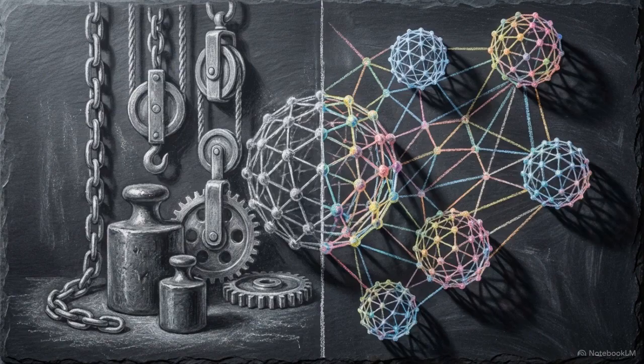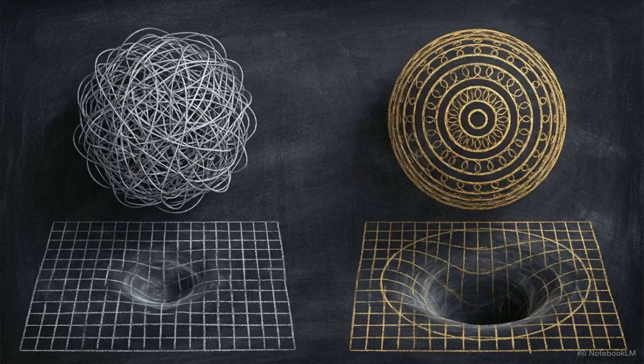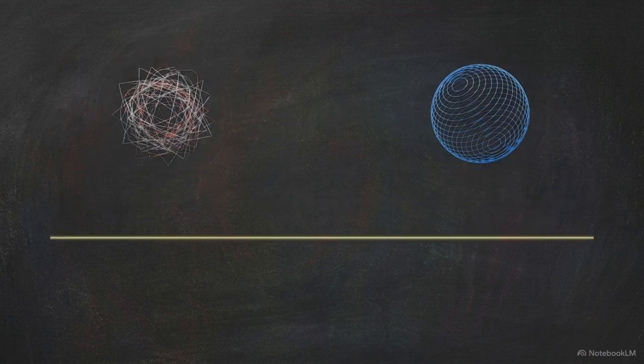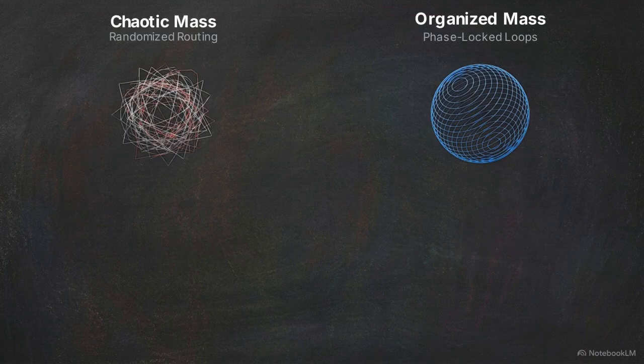RAF generates a specific prediction that diverges from standard physics. Gravity is not sourced by mass alone. We are looking at two bodies with identical bulk mass, but an X-ray view reveals their internal organization dictates their gravitational output. One features randomized routing, the other relies on ordered, phase-locked loops.